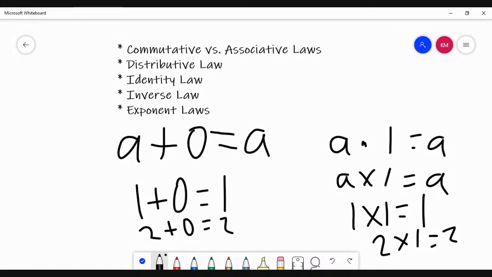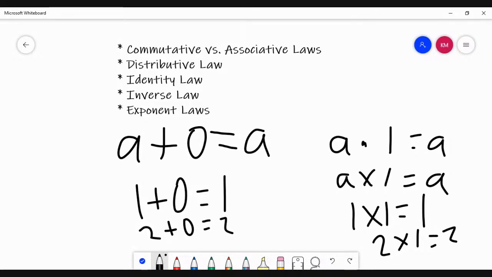In addition, if you add it to 0, it will still be itself. If you multiply it by 1, it will still be itself. That means your answer from beginning to end, what you add to 0 or what you multiply by 1, will be itself. It does not change.